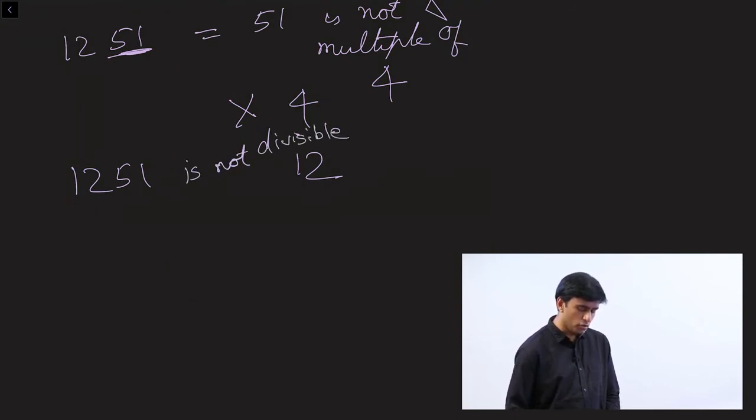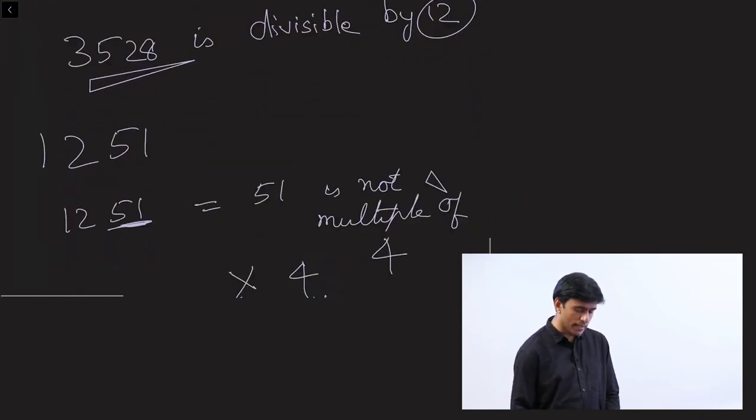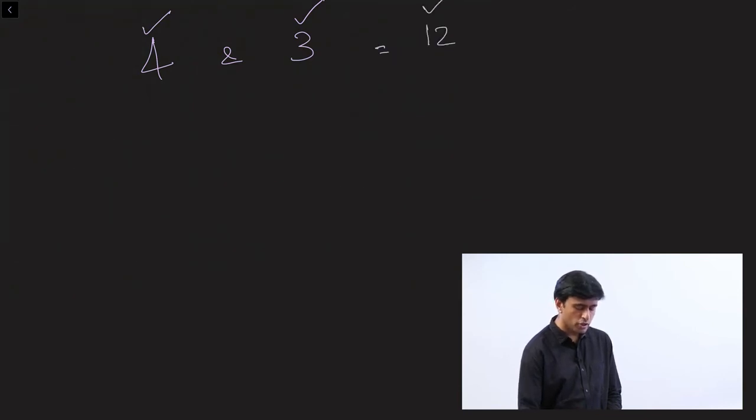So remember, to check if a number is divisible by 12, you need to see if it is divisible by 4 and divisible by 3. If it is divisible by 4 and if it is divisible by 3, then it is divisible by 12.